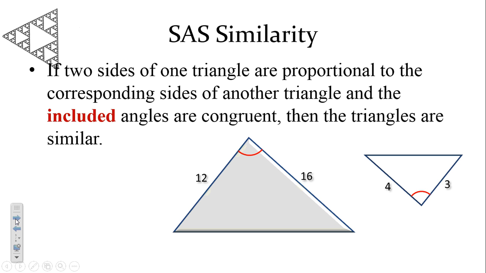Side-angle-side similarity tells us that if two sides of one triangle are proportional to the corresponding sides of another triangle, and the angle between them is congruent, those two triangles are similar.